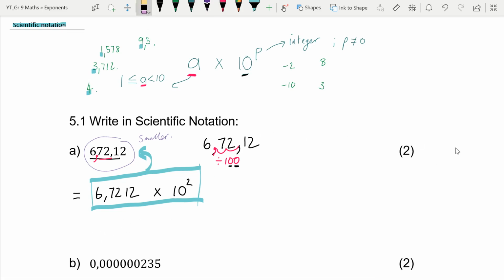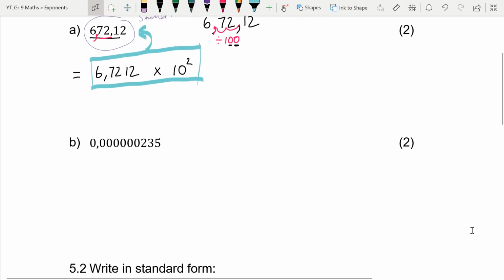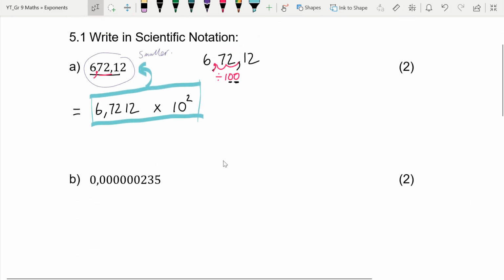All right, let's look at the next one. Note that our exponent with the first one was positive. Now let's look at the next one. To get it into that form where our a value must have one digit in front of the comma, I'm going to move this one up. I want my comma to be there. Let's see how many positions did we move it? 1, 2, 3, 4, 5, 6, 7.